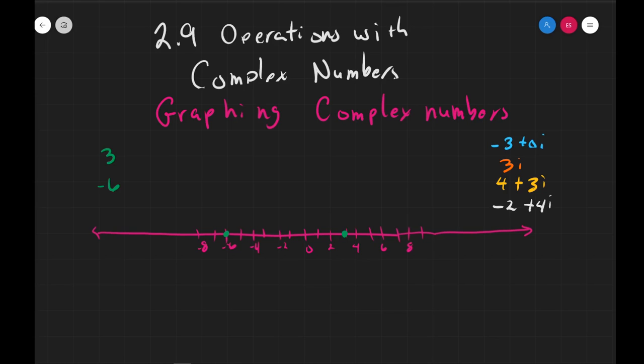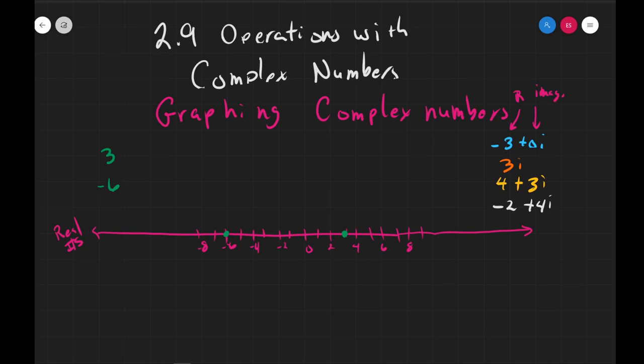Okay? So, in order to draw these, we have our real number axis, and our real number axis takes care of all of the real parts of all of these complex numbers. Okay? Now we need something to take care of all of the imaginary parts.